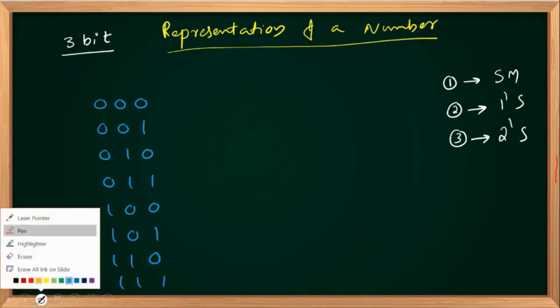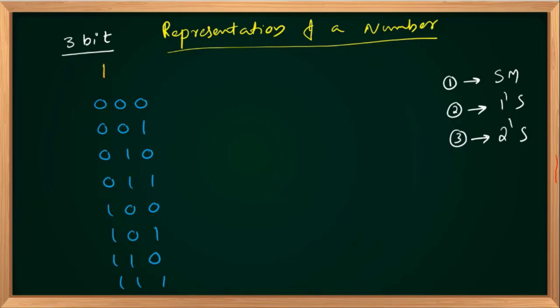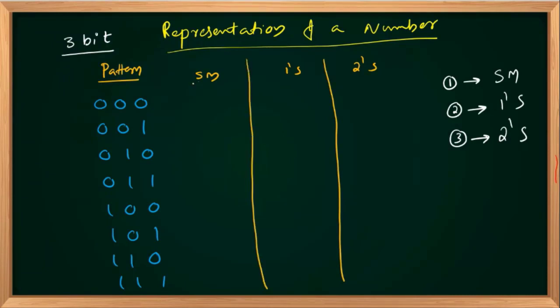So this is the pattern available with me. And we have three different representations: signed magnitude, 1's complement, and 2's complement. So I'm trying to include them in different columns. Okay, right. This is my pattern. Please listen.